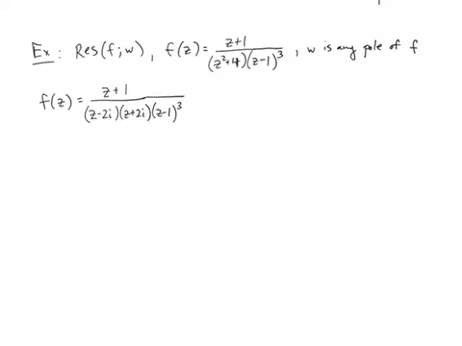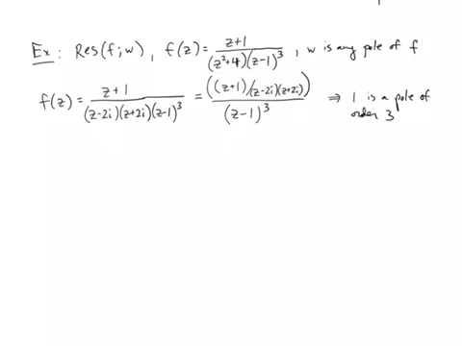Okay, and so for 1, we can write our function just as we did before. We have z plus 1, we can pull some of those denominators up, z minus 2i times z plus 2i, divided by z minus 1 cubed. And so we see clearly that 1 is a pole of order 3.